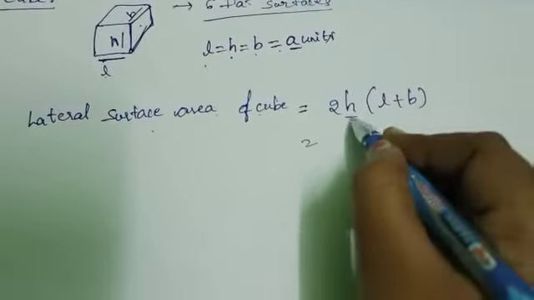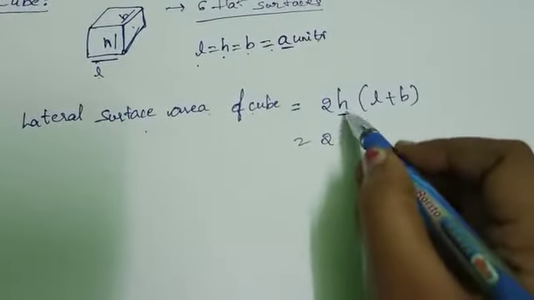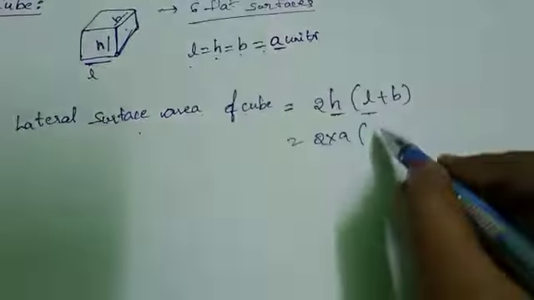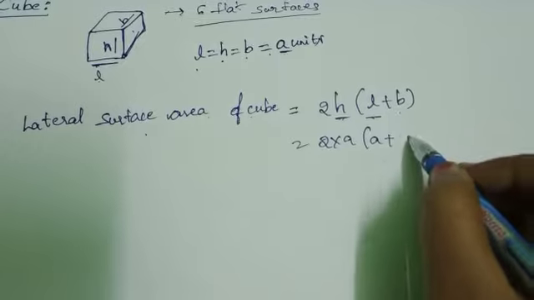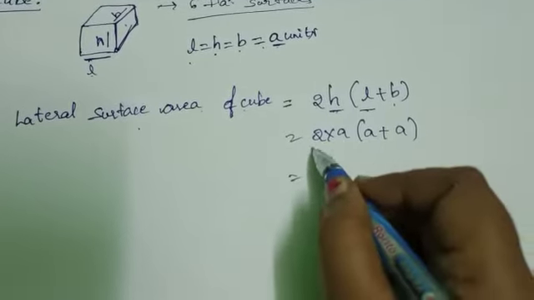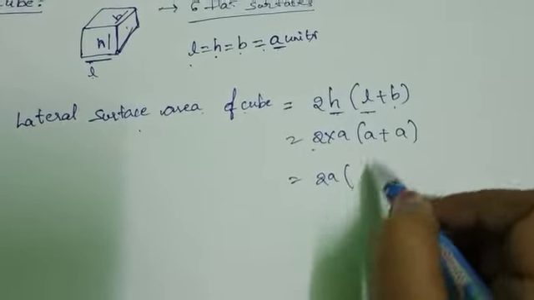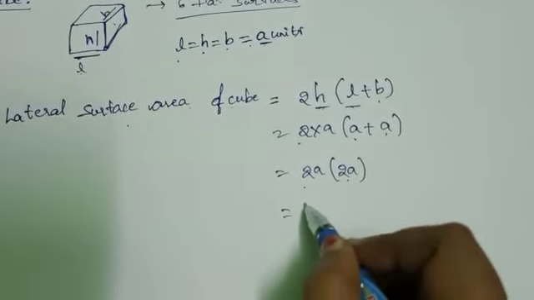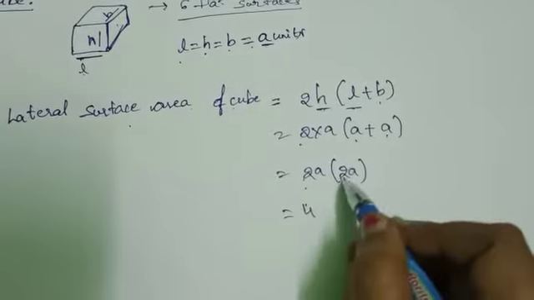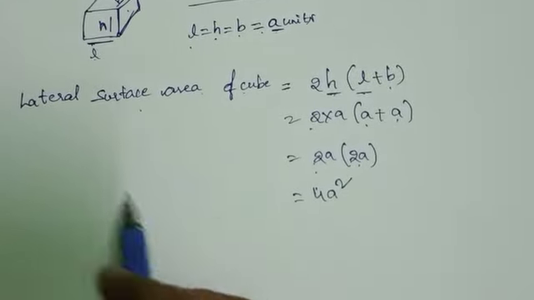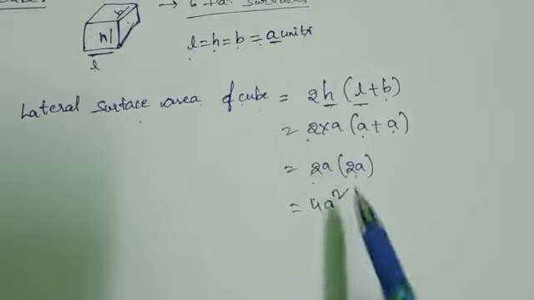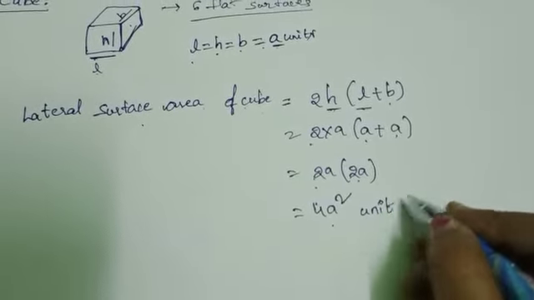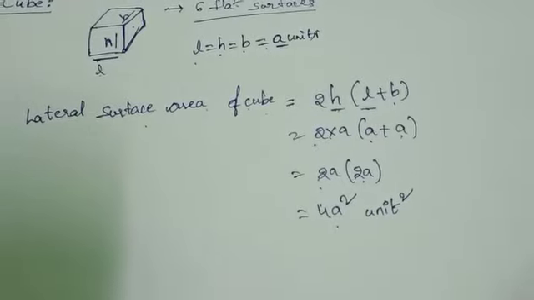Here h equal to A. In place of h, we substitute A, and L equal to A units, breadth equal to A units, which is equal to 2 into A, A plus A is 2A, 2A into 2A, 2 into 2, 4, A into A, A square. So, therefore, lateral surface area of the cube is 4A square. Units are unit square.